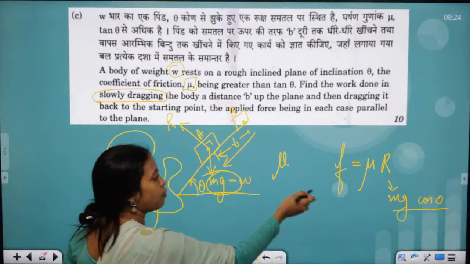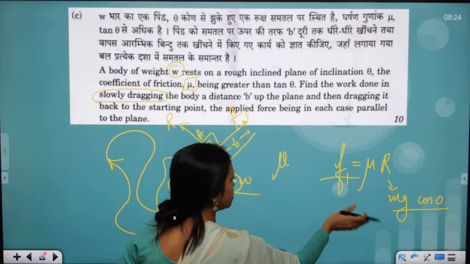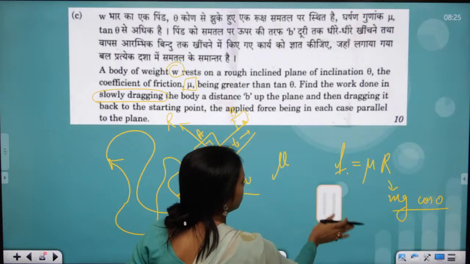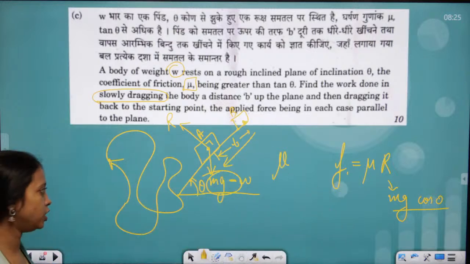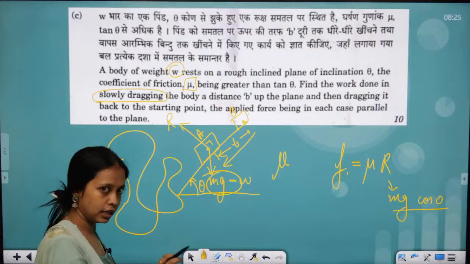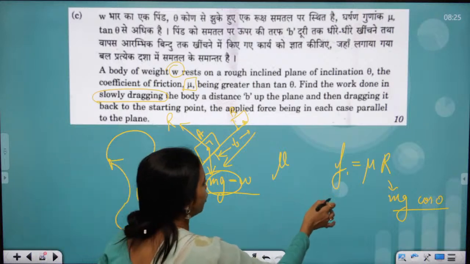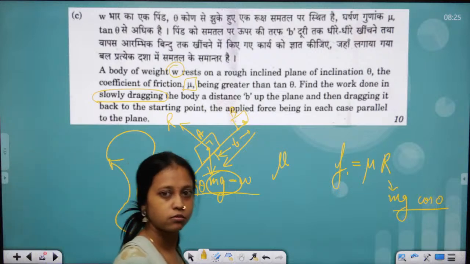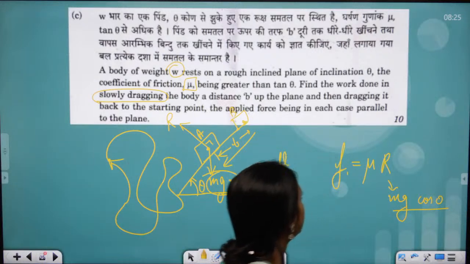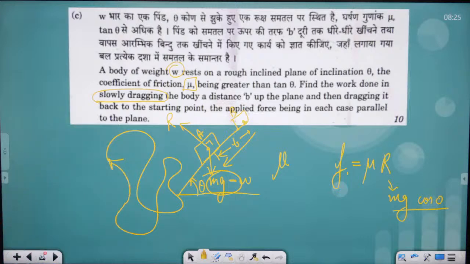In dragging the body up, you calculate the friction force and the work done. In dragging back, mg makes no contribution in the whole system. So for the second case again apply the formula, add both of the work done, and that is the total work done. So this was the question for mechanics.